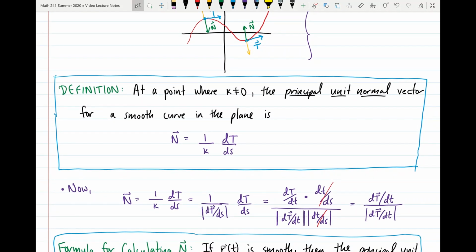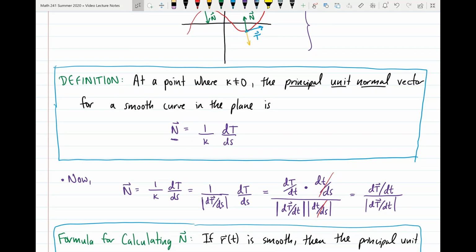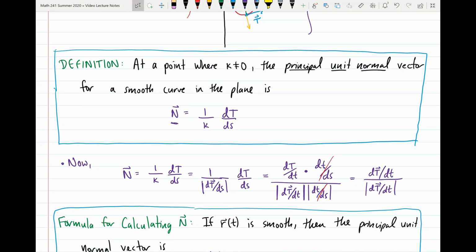So if we have a smooth curve in the plane and we're at a point where the curvature is not equal to 0, then the principal unit normal vector is given by N is equal to 1 divided by the curvature times the derivative of the unit tangent vector with respect to s, where again s is the arc length parameter.